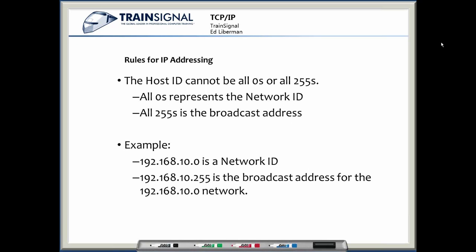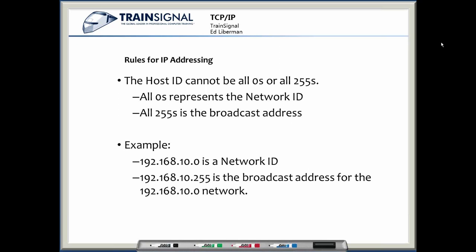So for instance, if you were to see 192.168.10.0, that is a representation of the network ID for the 192.168.10 network. 192.168.10.255 is the broadcast address for the 192.168.10 network.